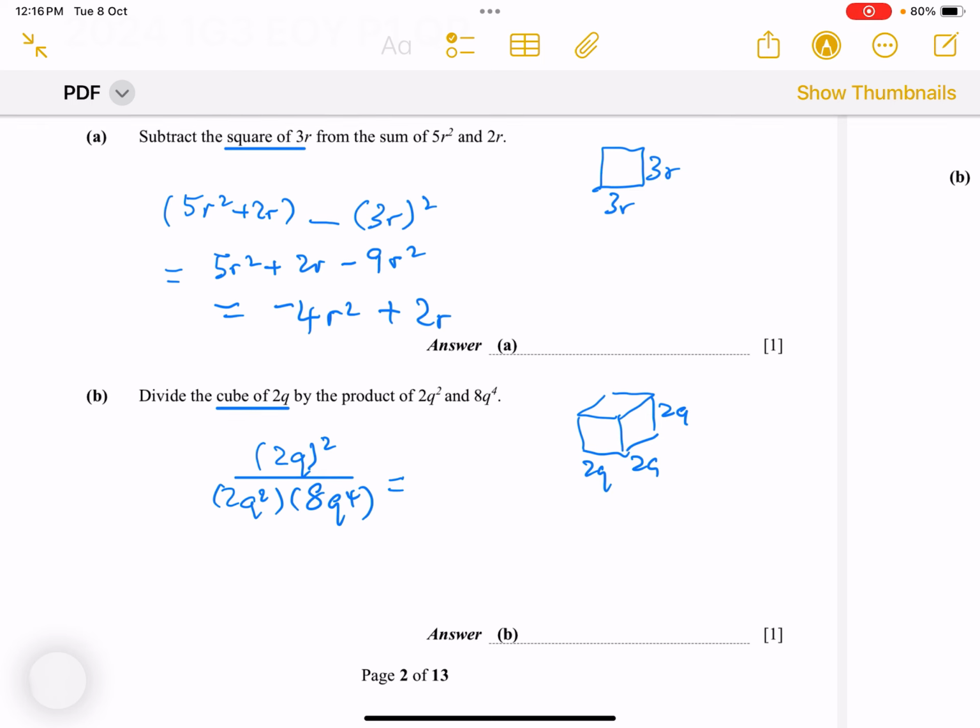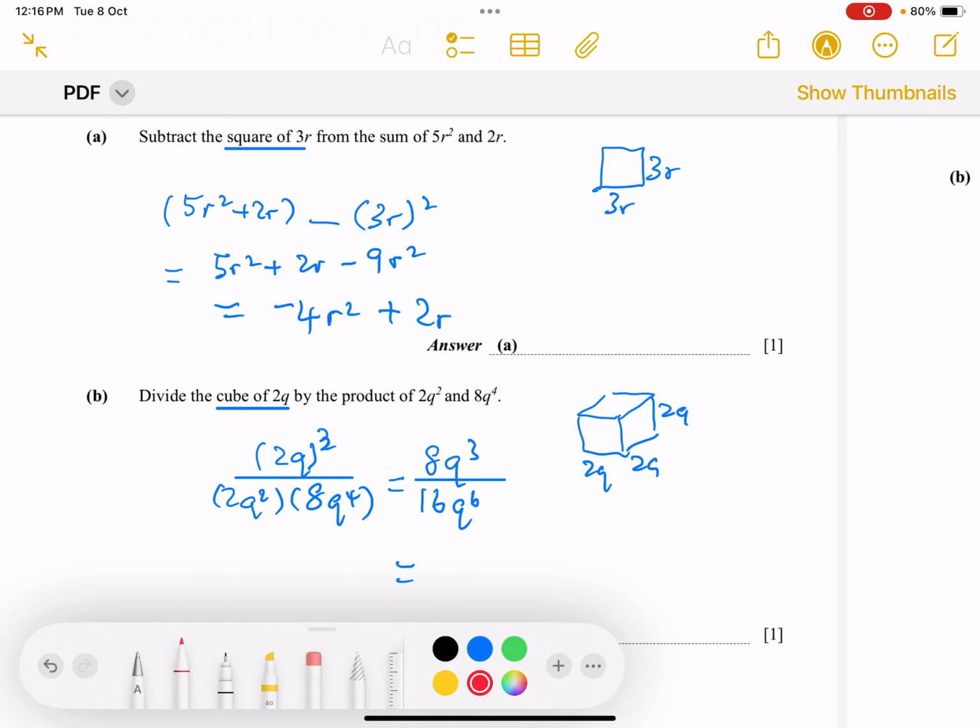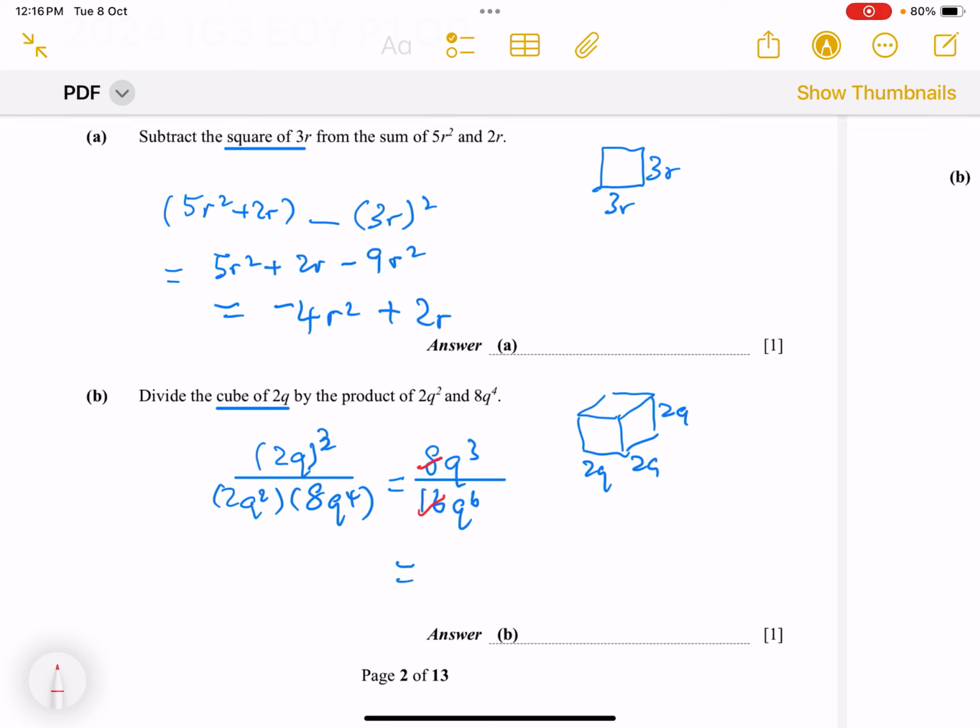So, 2q cubed, which is 2 times 2 times 2 is 8, so it's 8q cubed divided by 2 times 8 is 16, and q squared times q4 is q6. So now what we need to do is to cancel out the common factors. And our answer is 1 over 2q cubed.